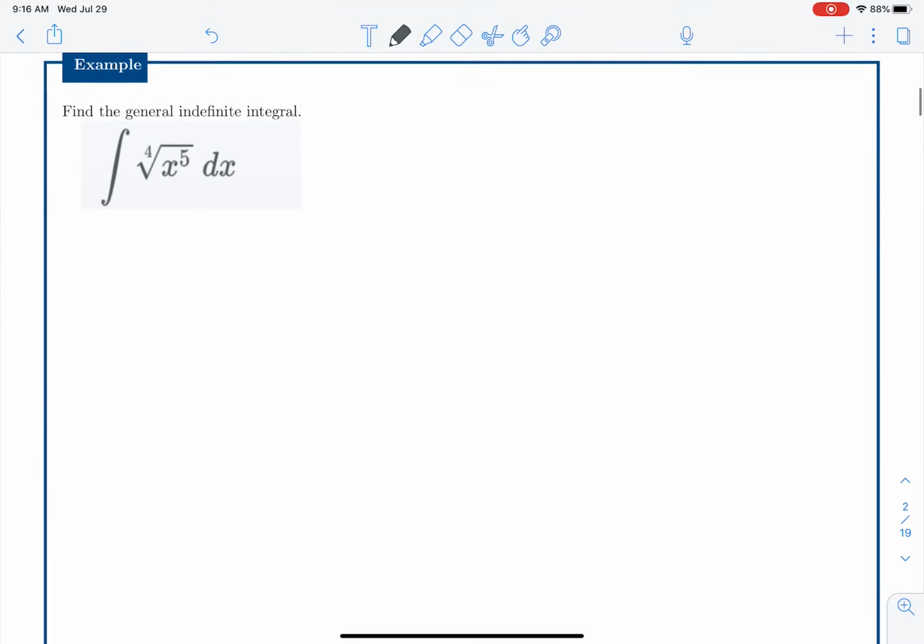So here is our first indefinite integral, and we want to integrate this. So the first step is to write it in a form that we can integrate. So I'm going to remove the radical and write it as x raised 5 raised 1 over 4 dx. And that would give us x raised 5 over 4 dx.